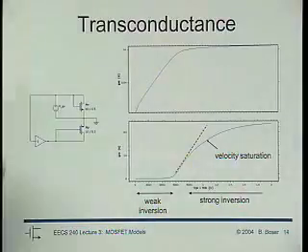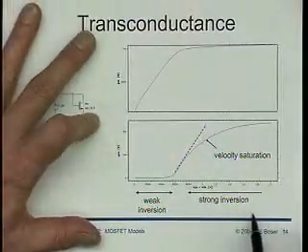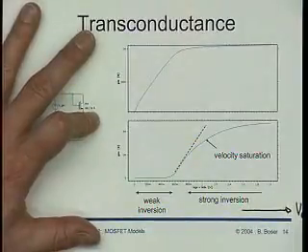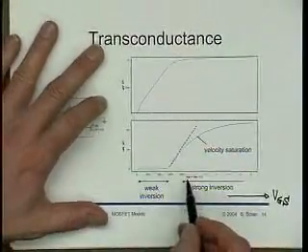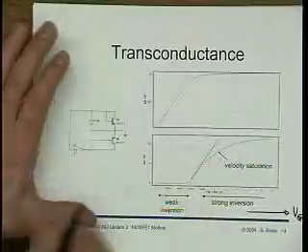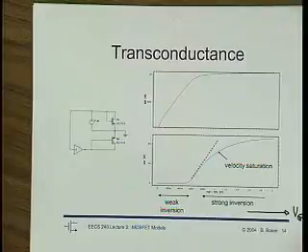Here, what I'm drawing is the transconductance as a function of VGS. I tie the drain and the source of my transistor together. That way my device is always in saturation.